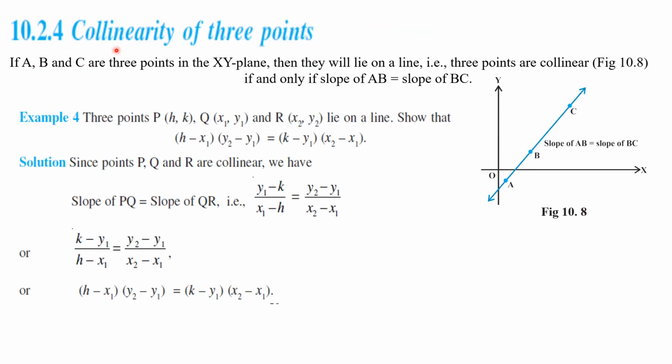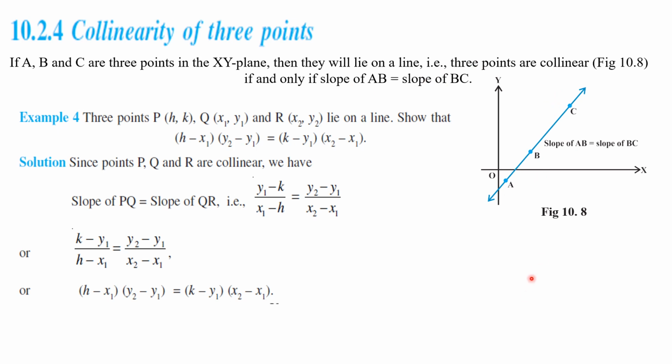And the last point in the exercise, collinearity of 3 points. Previously we have discussed this point. If 3 points are collinear, then the area of the triangle formed by the 3 points is 0. And another condition: if the points A, B and C are 3 points in the xy plane, then they will lie on a line, that is, the 3 points are collinear, if and only if slope of AB is equal to slope of BC.